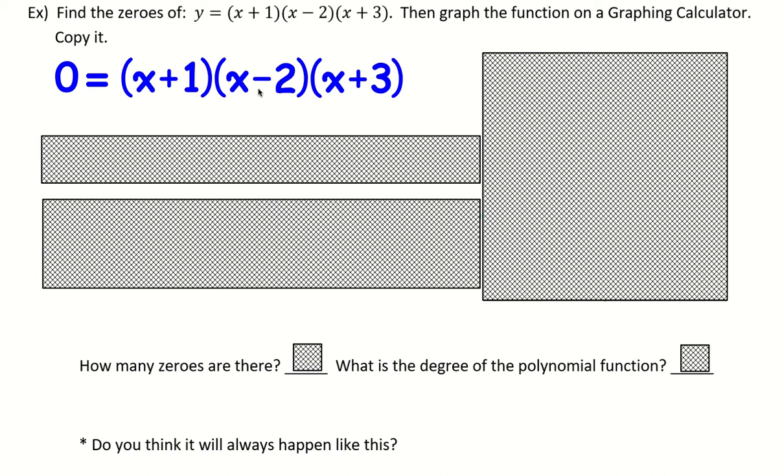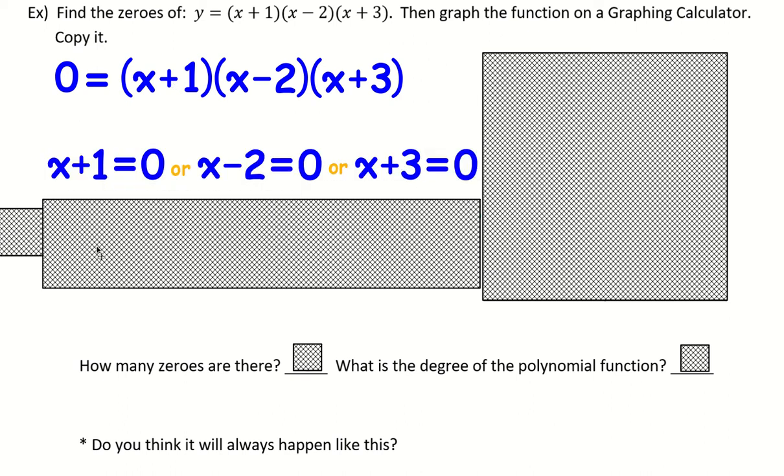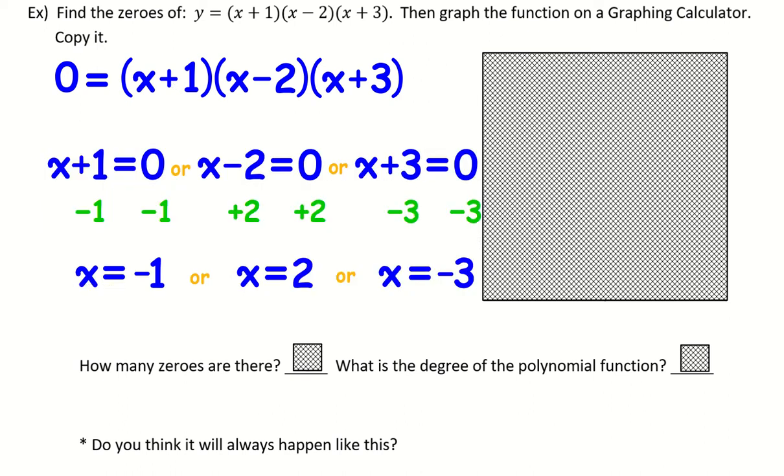Because, and you probably already know this, if one of the bubbles is x plus 1, then you know one of your final answers is going to be -1. Bubble, answer, or 0. Bubble, 0. Bubble, solution. Same with this.